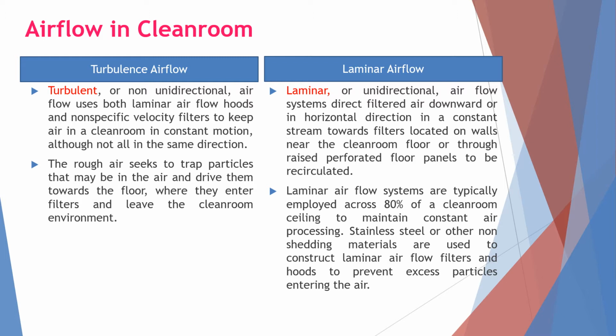Then they enter the filter and leave the clean room. For laminar, the air pushes all the contaminants to the wall and towards the floor in a straight motion, and then they enter the filter and leave the clean room.